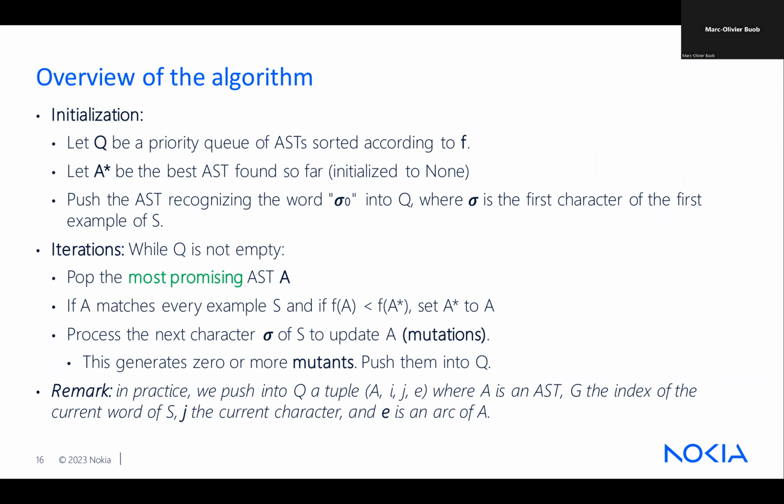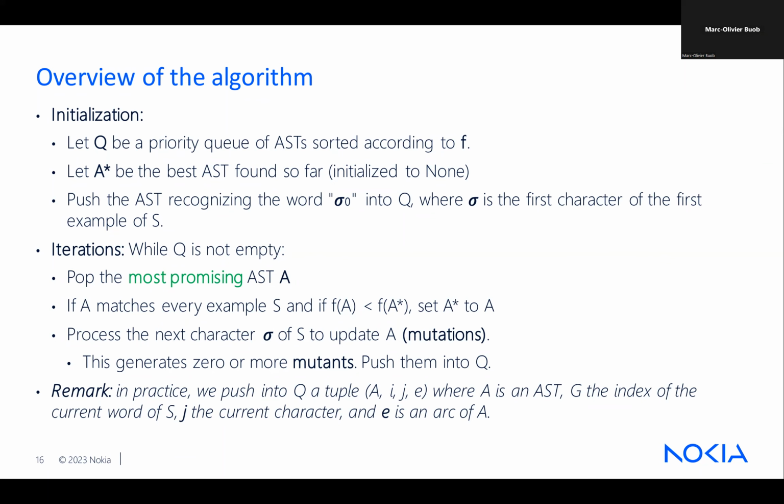At some point, some of them will reach the end of the set of positive examples. Yes. So they are candidate solutions. As they are candidate solutions, either they improve the best candidate solution found so far, and if this is the case, you update A star to this new AST. Otherwise, it doesn't improve A star, and so you just ignore the solution, or you keep it for the record as you prefer.